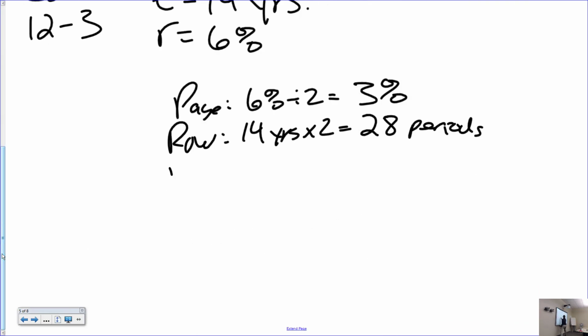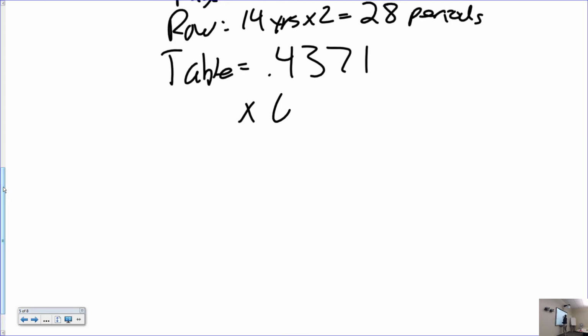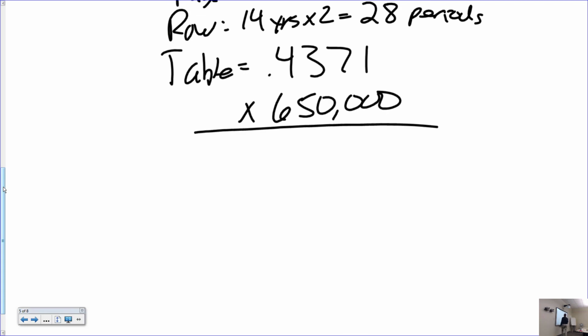So what was your table value? 0.4371. Awesome. And multiply that by 650,000. You get 284,115. Awesome. That's what they need to invest.